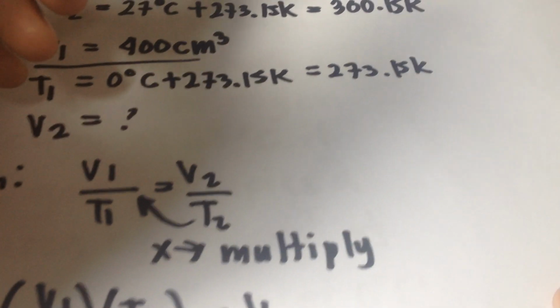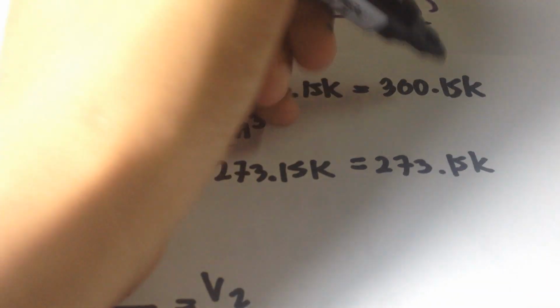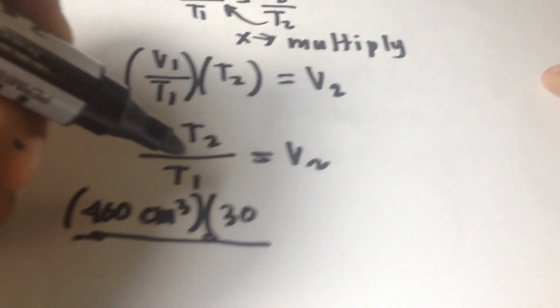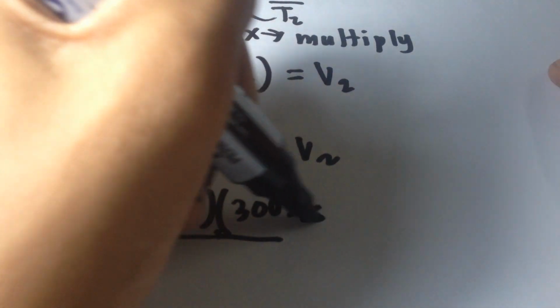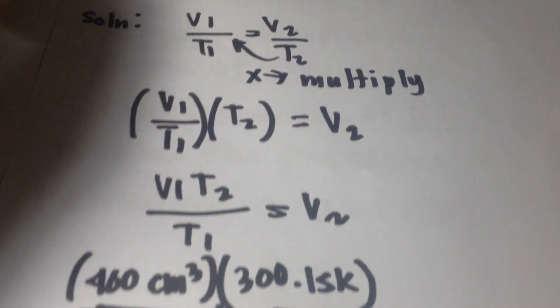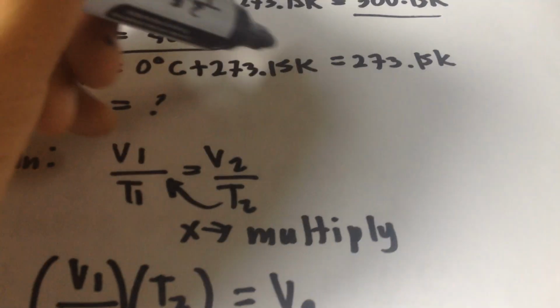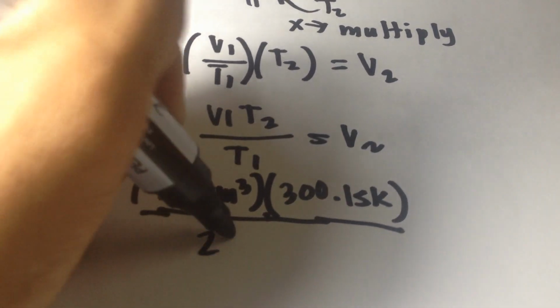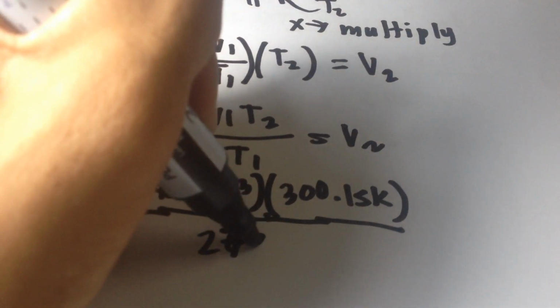Temperature 2 is 300.15 Kelvin. And temperature 1 is 273.15 Kelvin. That equals volume 2.